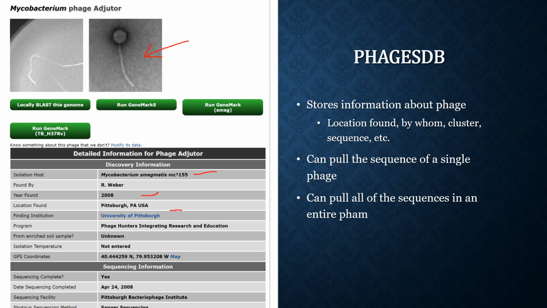You can pull the whole genomic sequence of a single phage, or what we did was pull all of the sequences for the FAMs that we were interested in. I had 10 FAMs that I was looking at, and I pulled the sequences of all of them. Shortly I'll show you a program called Eugene, and we put all of those sequences into Eugene to look at them and compare.